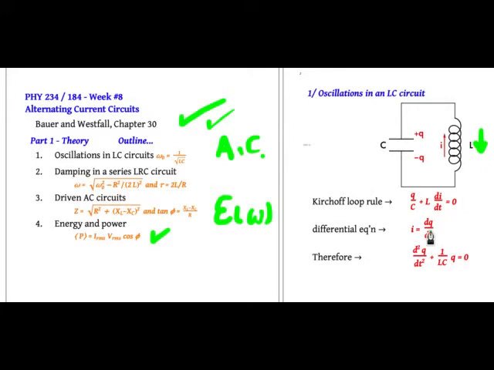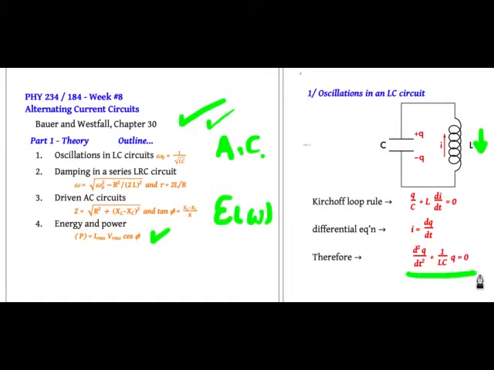Now put together these two equations. I have a differential equation. If I put these two equations together, I have Q over C plus L d squared Q dt squared is 0. Divide both sides of the equation by L. So the second derivative of Q with respect to time, plus 1 over LC times Q is equal to 0.